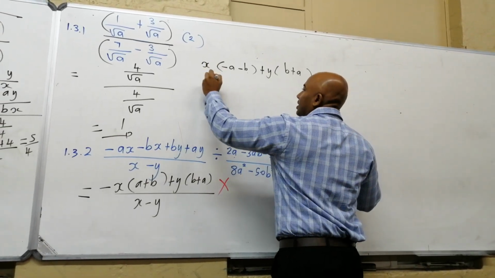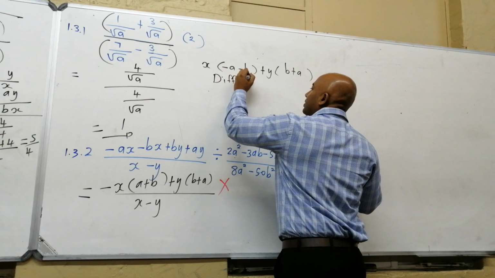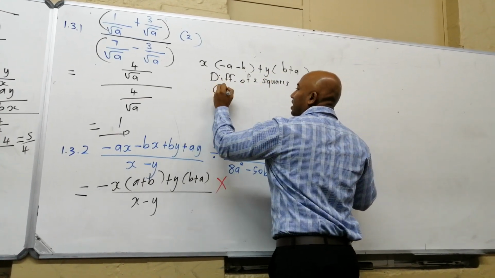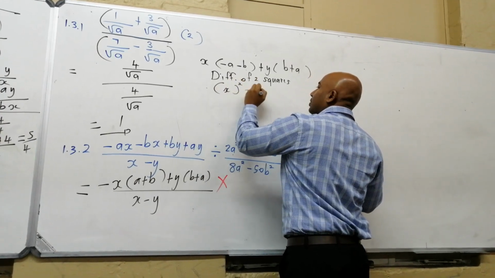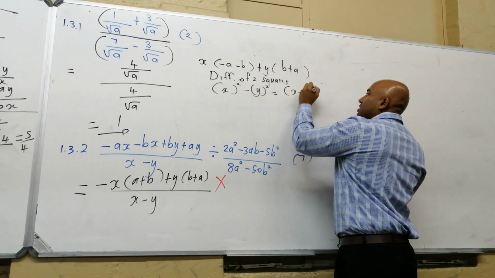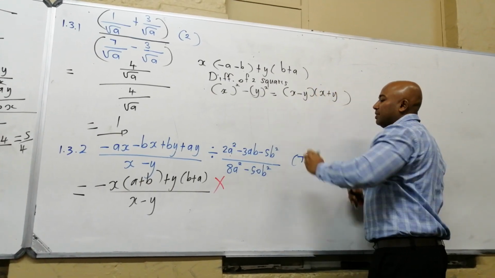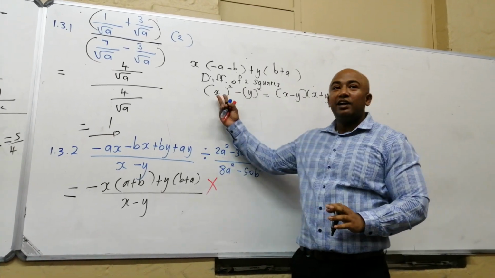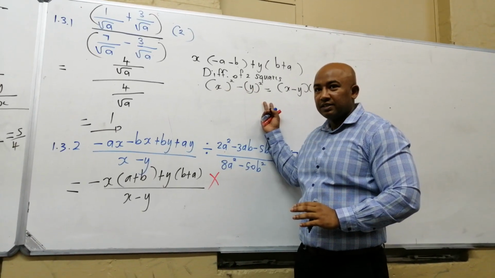So we know that the difference of 2 squares, if we have x squared minus y squared, it's equal to x minus y, x plus y. Okay. But we need to have perfect squares here.